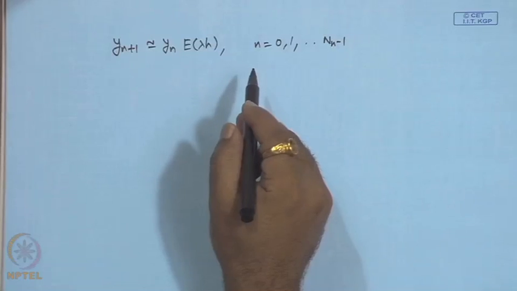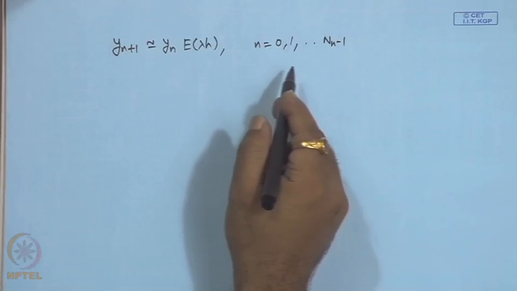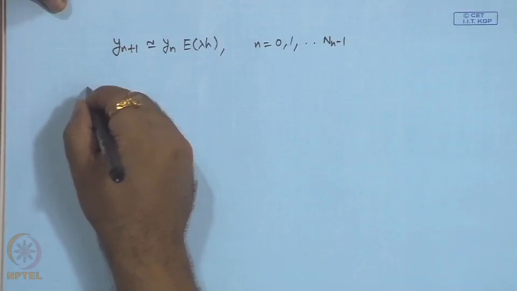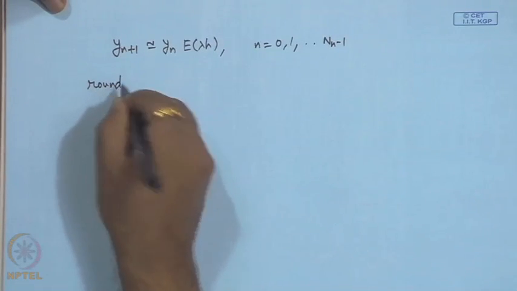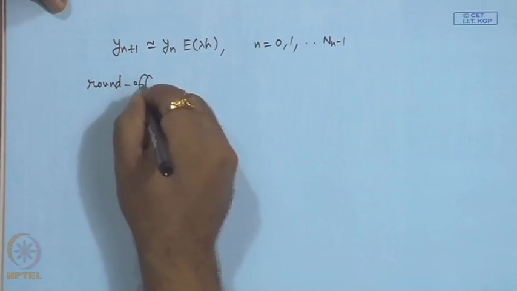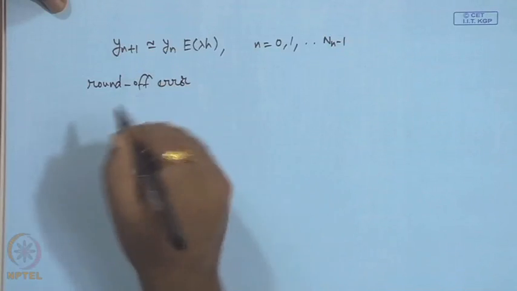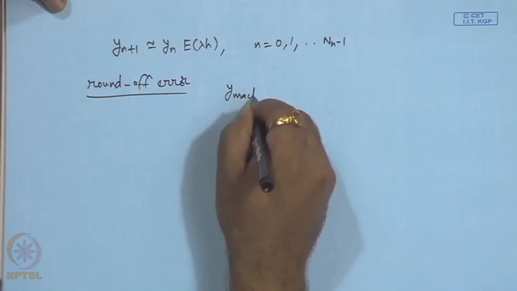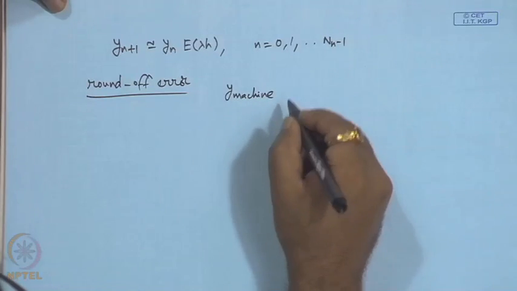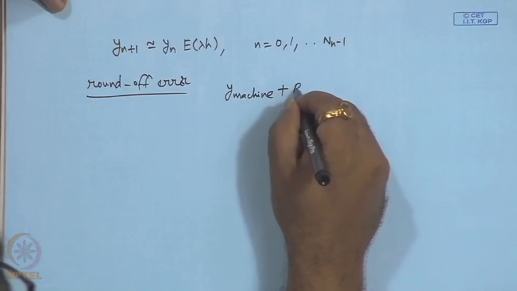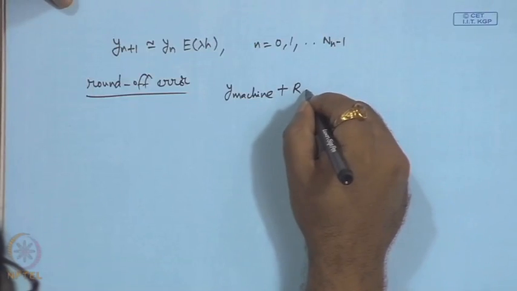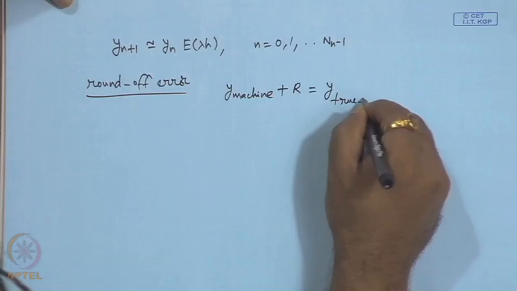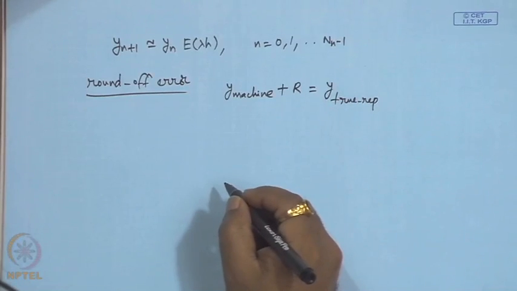So, now we have to discuss stability, right. So, what is round off error? When you have an approximation, there is a machine value, and machine value plus r is the y true representation.